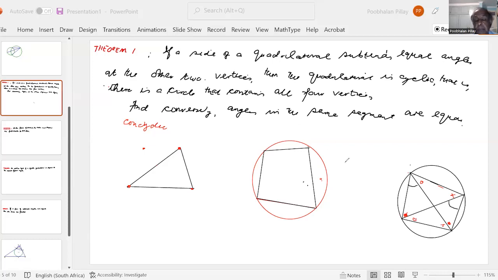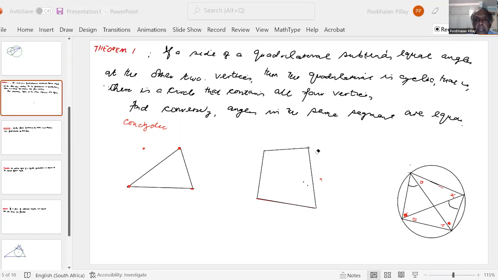But in the first statement, I am saying the converse of this. Suppose you've got a quadrilateral, and you don't know whether it is cyclic.